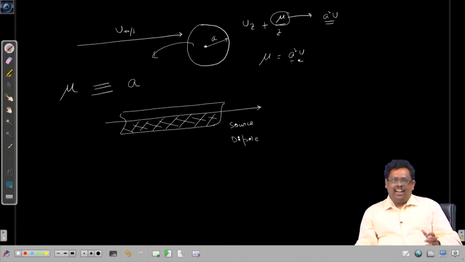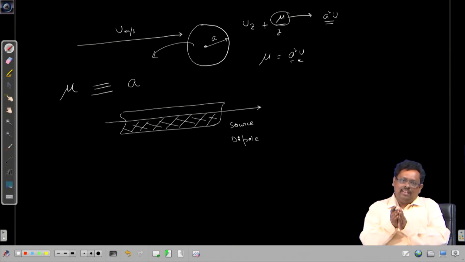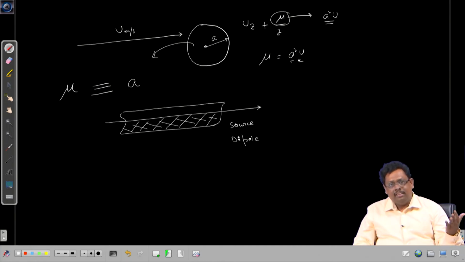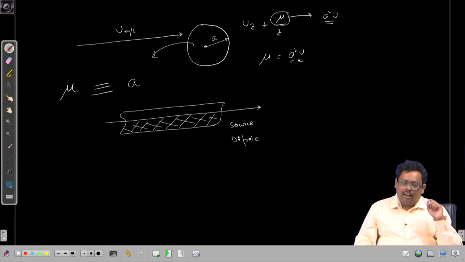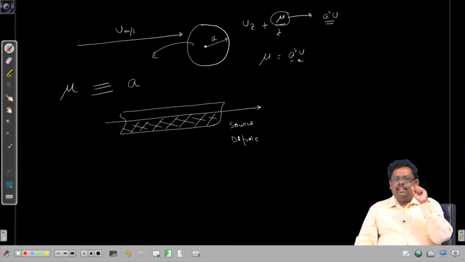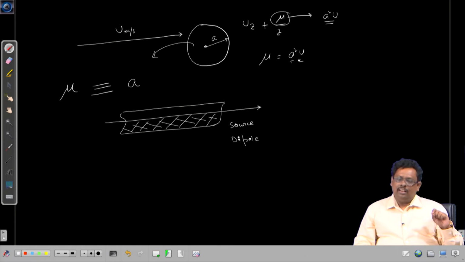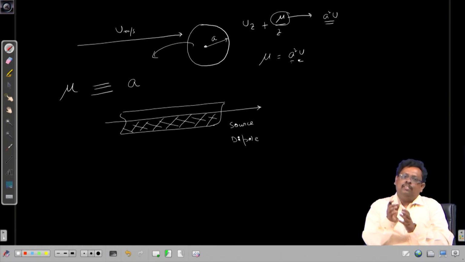Now, in numerical ship hydrodynamics, we are actually solving a similar type of problem, but the problem is more complex, right. In case of a 2-dimensional cylinder, I know everything. I know the strength of this abstract doublet mu is related to the geometry of the cylinder, so for me it is very easy.